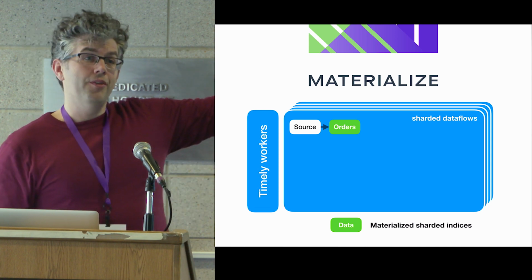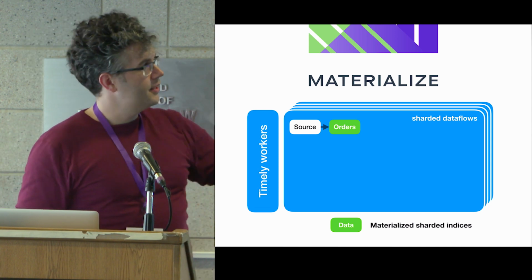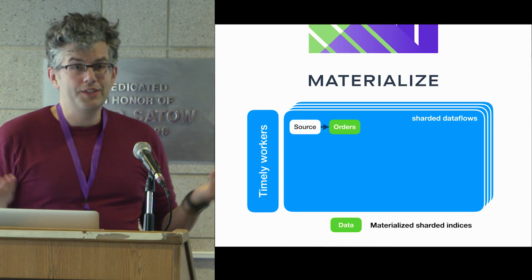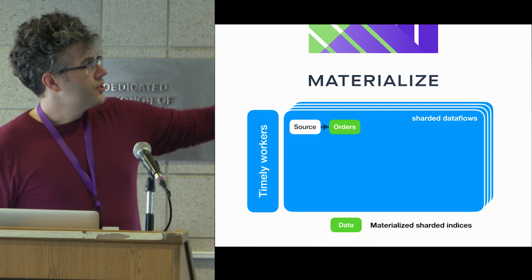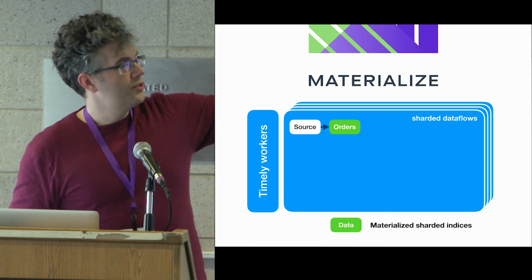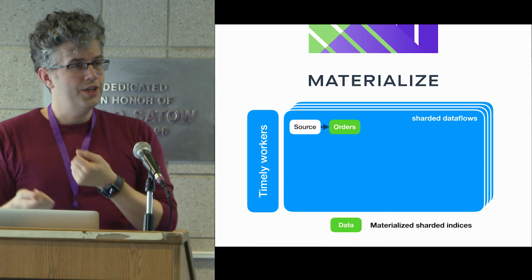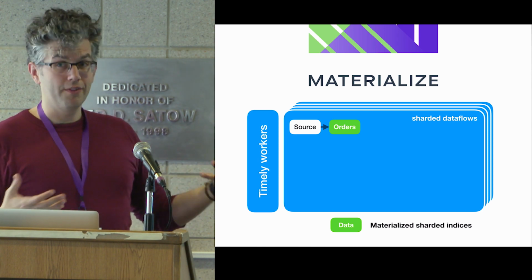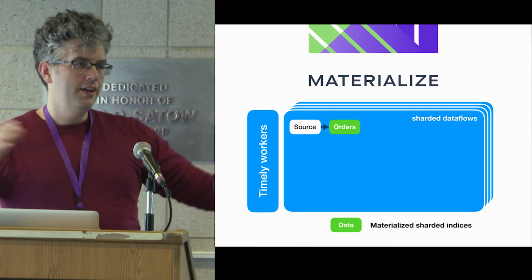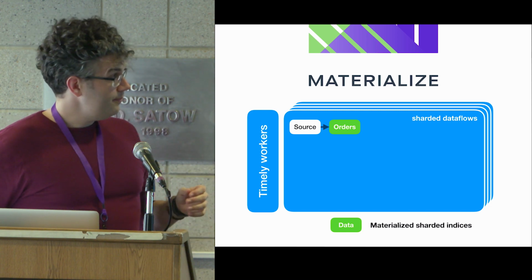We need to actually have that data around, right? If it washed past and we let it go, we don't really have an answer for you anymore, and we feel really bad, like we're not giving you the correct answers anymore. So this is absolutely going to materialize the stream that has come through. We're going to accumulate all of the changes, pluses and minuses, and keep a representation of the current state of affairs for orders, and in fact, a little bit of historical detail for it.